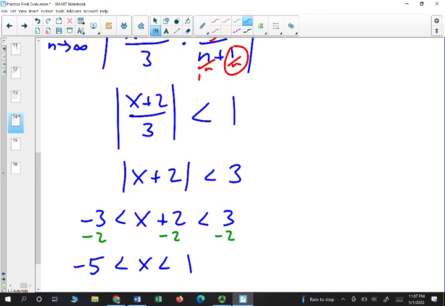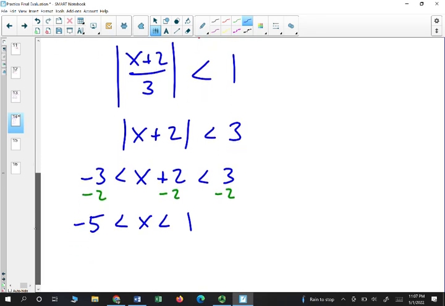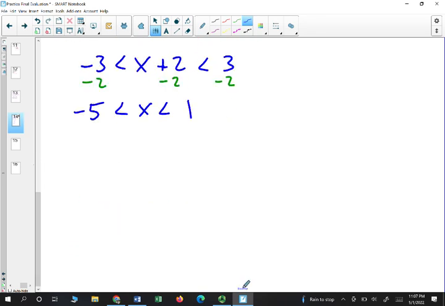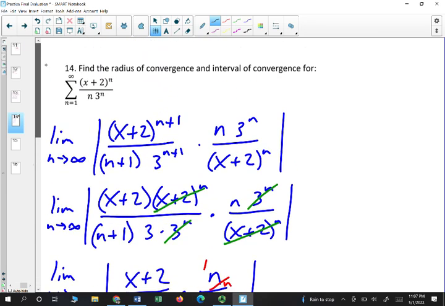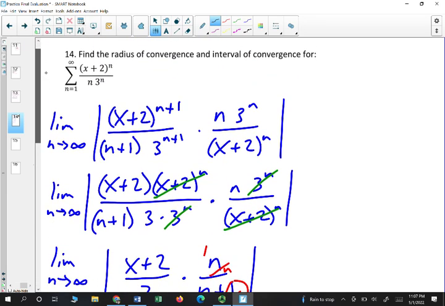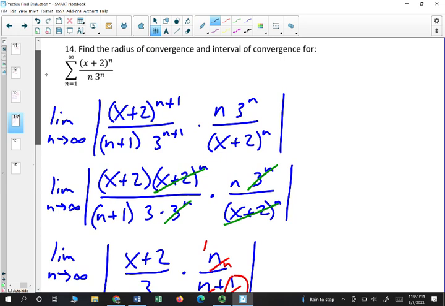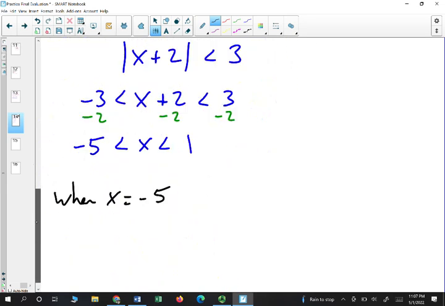We just have to test them now to make sure that we have any convergence or divergence. Okay, so when x equals negative 5, we go back to the original series and plug in negative 5 for x.